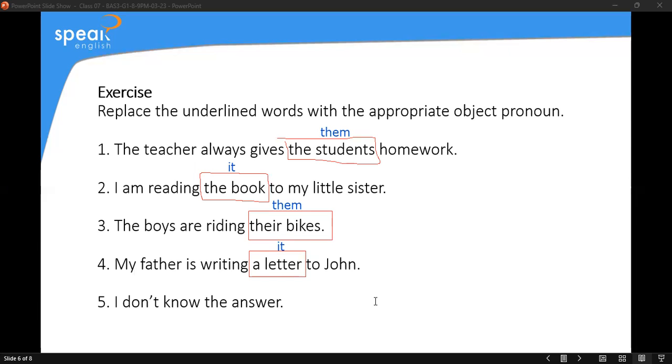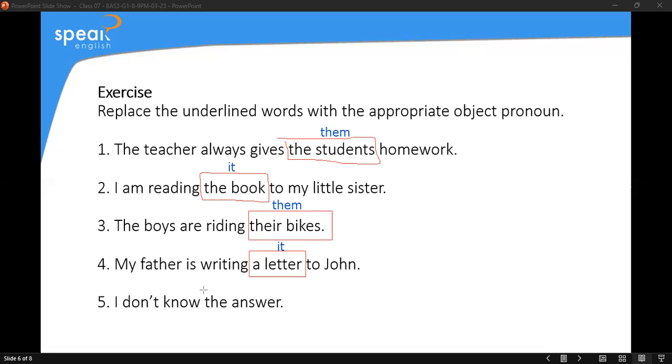Very good. Let's continue. Can you help me reading number 5, Eric, please? I don't know the answer. Excellent. So what is the verb in this sentence? So what is the word that comes after know?